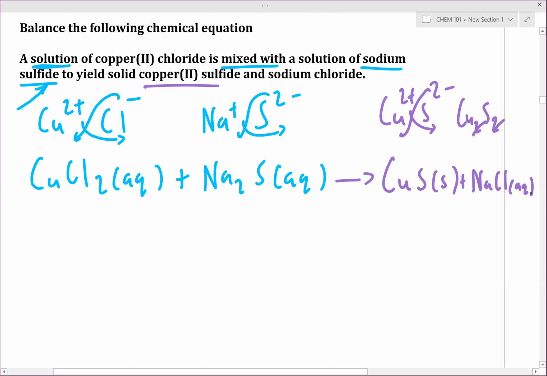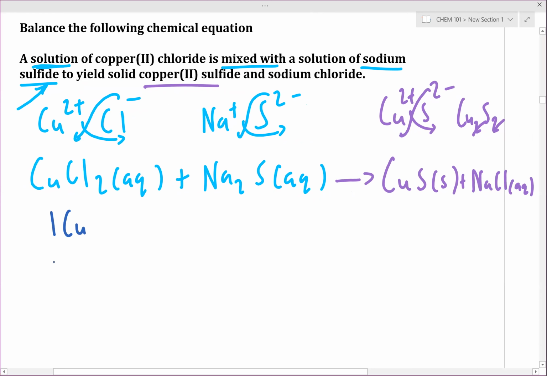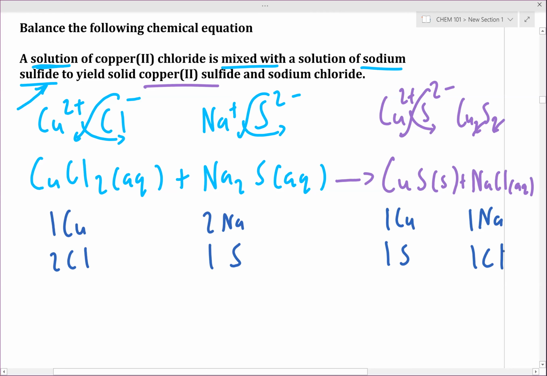Okay, let's now focus on doing an atom count. So I have 1 copper, 2 chloride ions, 2 sodium ions, 1 sulfide ion. I have 1 copper, 1 sulfur. I have 1 sodium ion and 1 chloride ion.